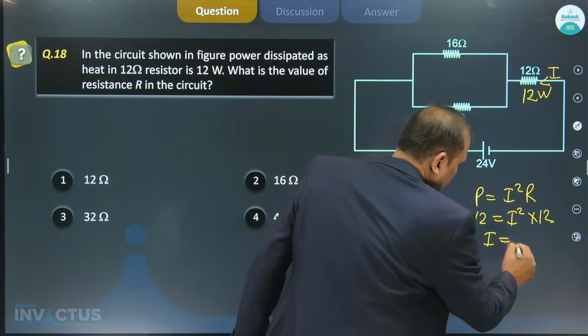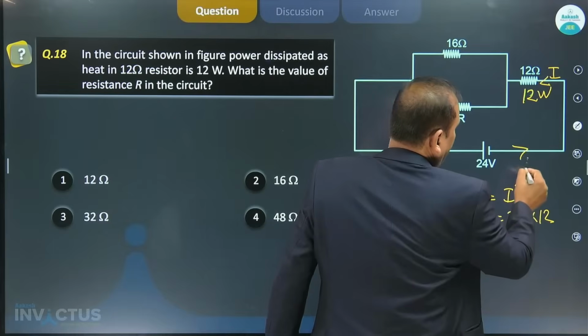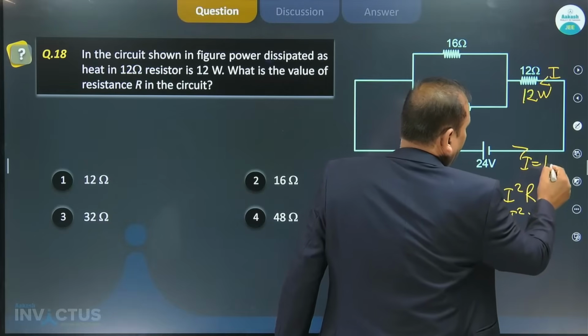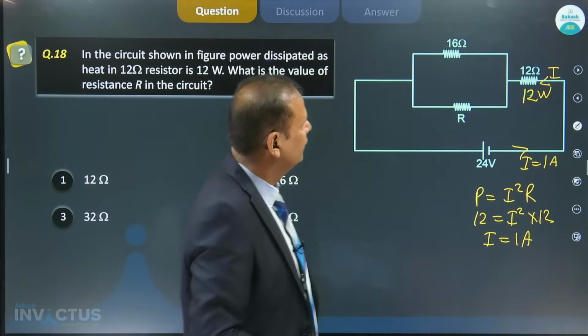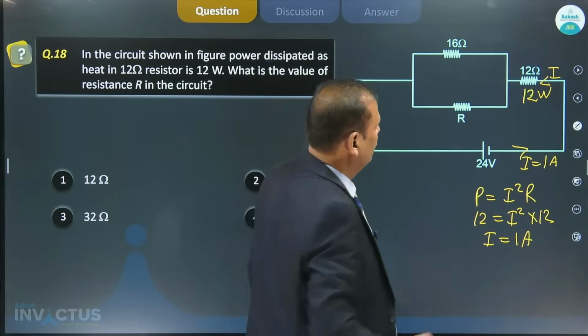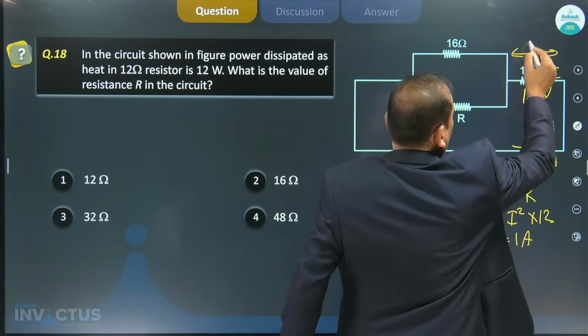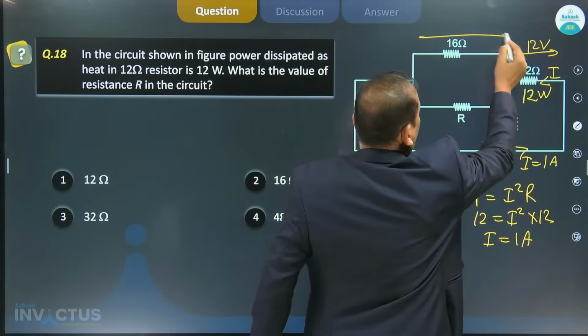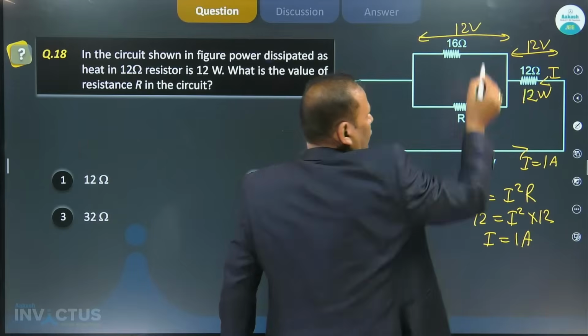So I is equal to 1 ampere. Clearly, I is equal to 1 ampere. Certainly, this is 24 volt. So certainly, here potential drop is 12 volt and here potential drop is 12 volt.